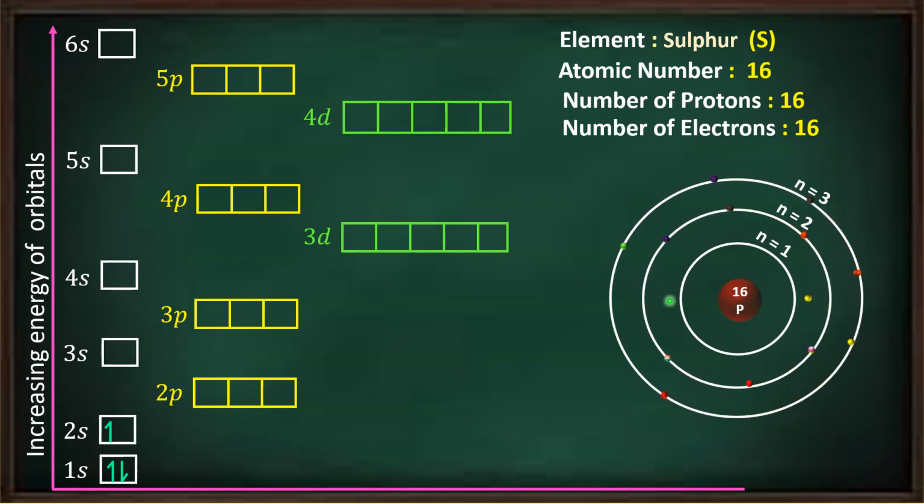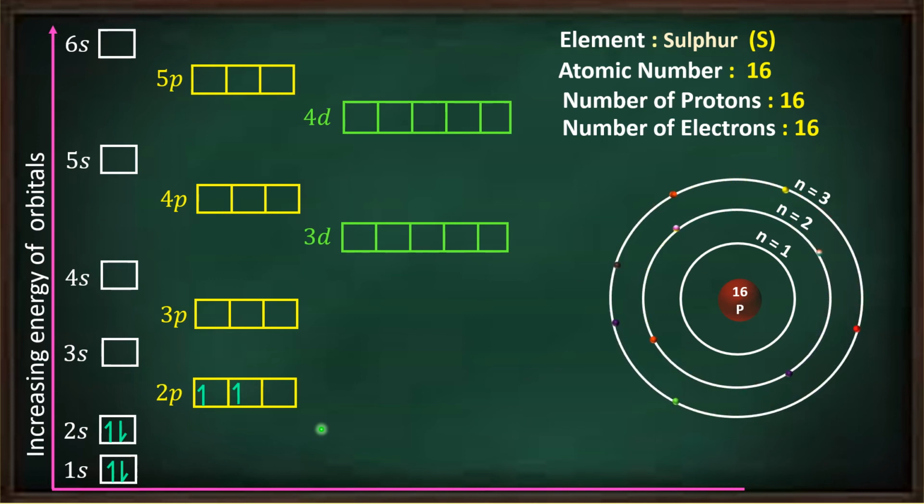The fourth electron occupies the same orbital. Next, the 2s orbital is completely filled. Then the fifth electron enters into 2p. Next, the sixth electron enters into another 2p empty orbital.